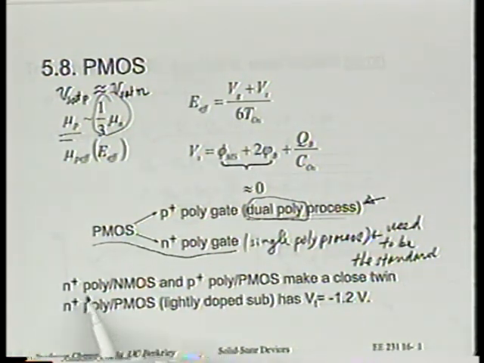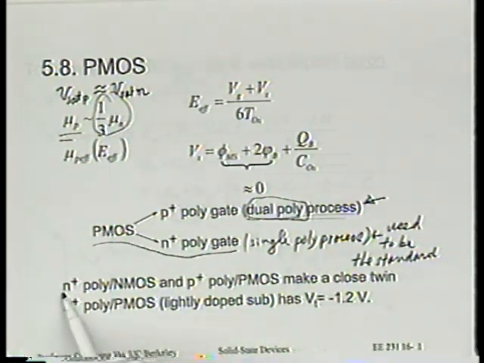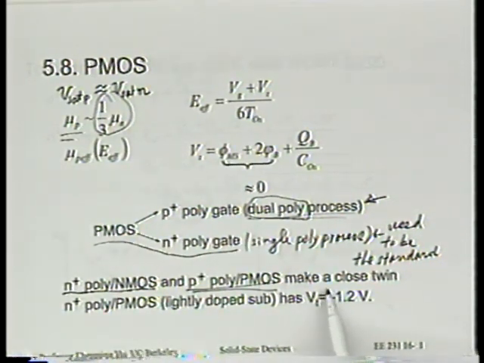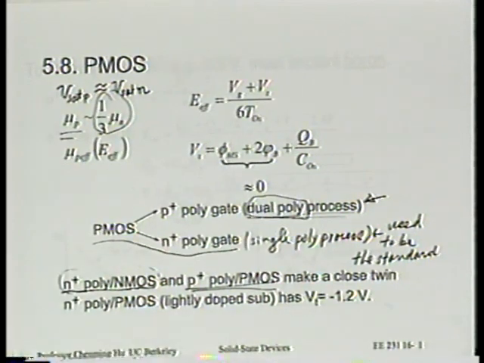Now, as far as the dual poly process is concerned, the 2 transistors in that process, the n plus poly NMOS and p plus poly PMOS, make a very close twin. In other words, everything we learned about n plus poly NMOS, by the way, n plus poly NMOS has been our default transistor in this course, right?